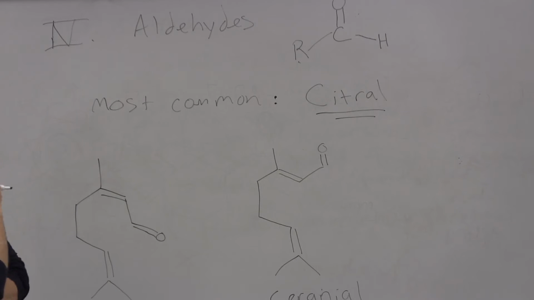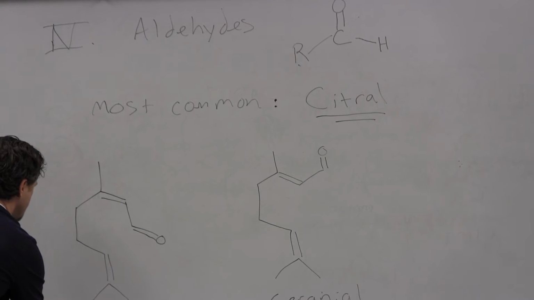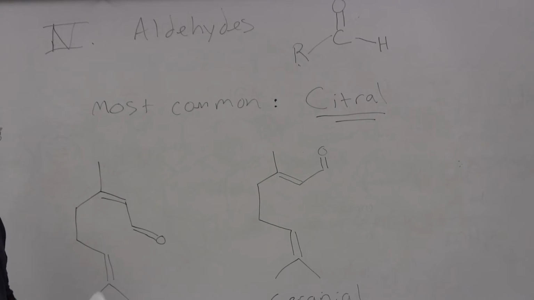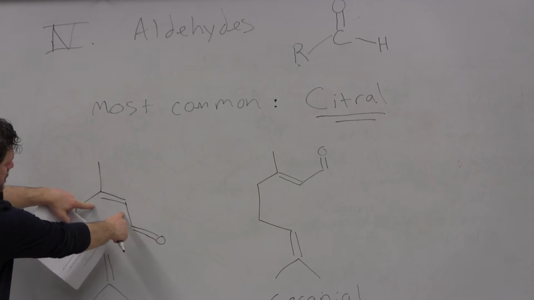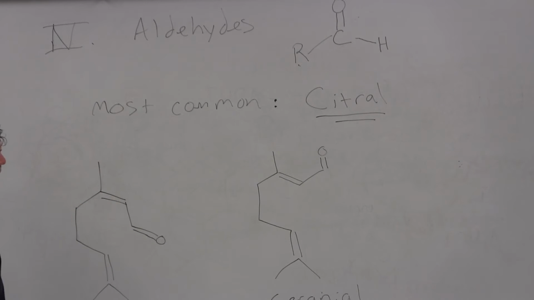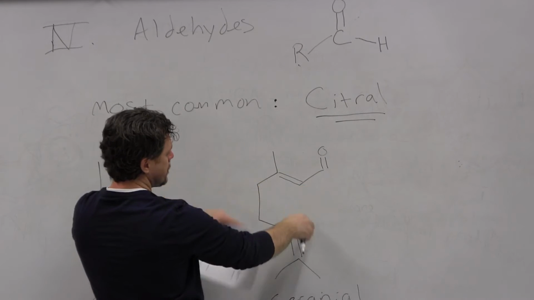Which one is cis? Neral, because let's look at that. Cis, meaning near, you have your two bigger groups on the same side of this double bond, right? Whereas here, the two bigger groups are on the opposite side.